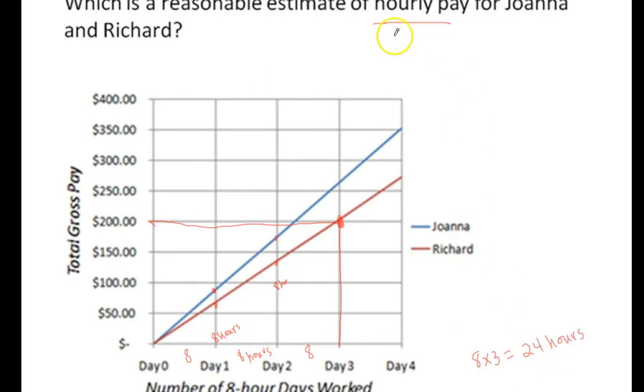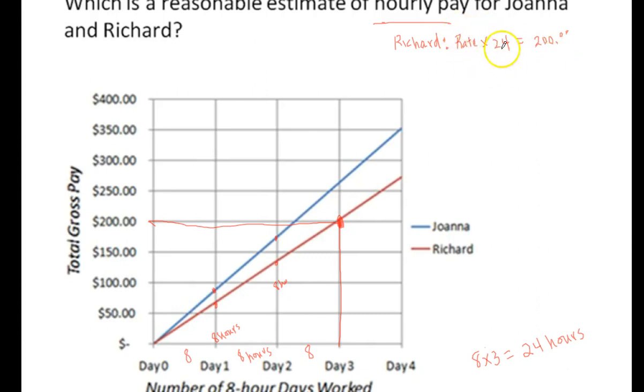So I know that for Richard, his rate, whatever that might be, times 24 hours of work is about $200.